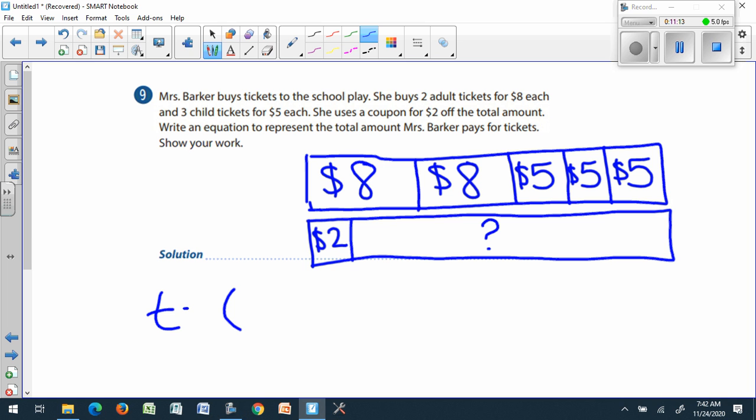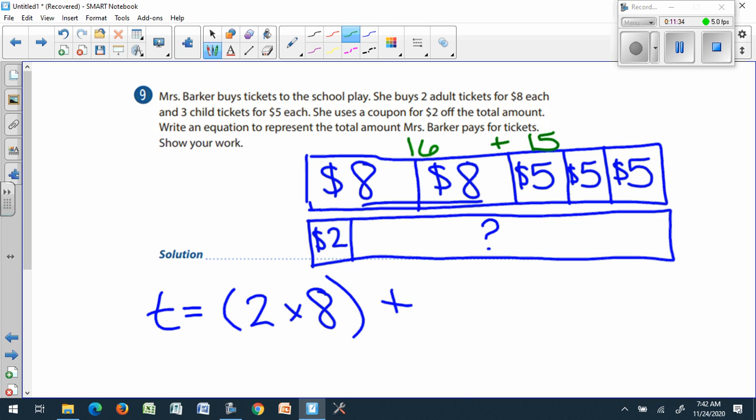T equals. My first parenthesis is going to be 2 groups of 8. So 2 times 8. Now I need to add, right? Because if you were to do this in your head, you would do 16 plus 15.